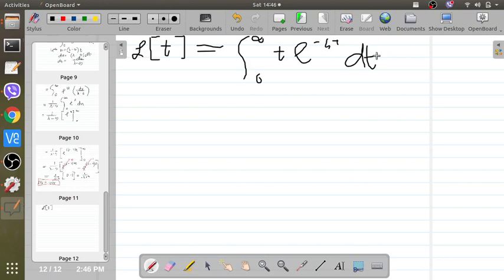To solve this equation we use integration by parts. We will let u as t.